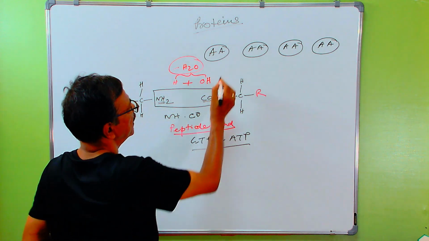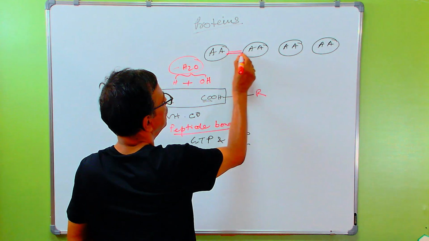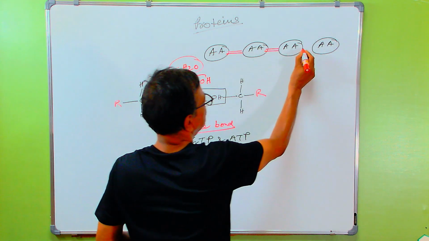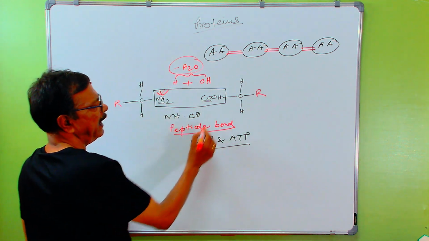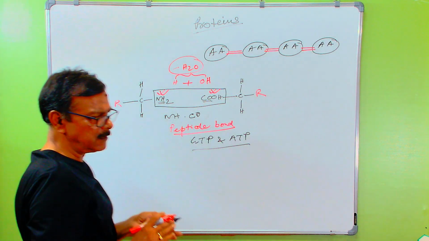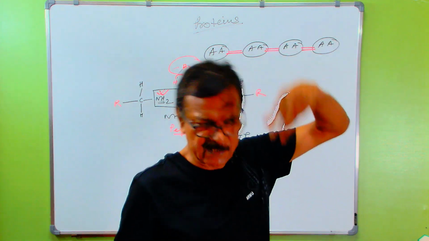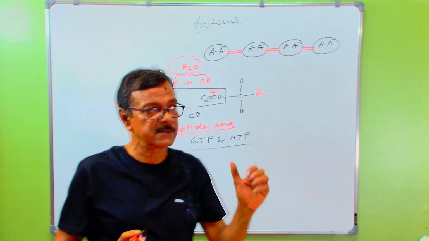So in this way, one amino acid joins with a peptide bond here, peptide bond here, peptide bond here. That is, one NH2 group and COOH group join one by one, because whenever we see the translation, you will find it very difficult how it joins.